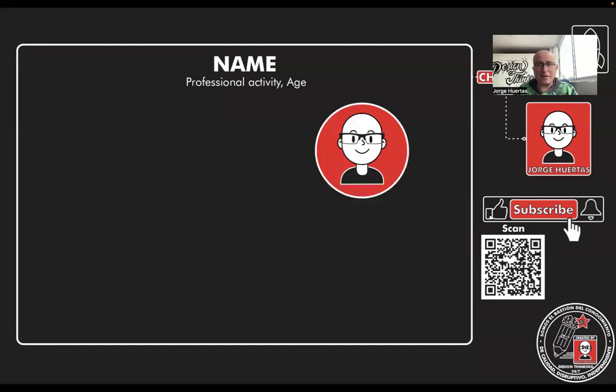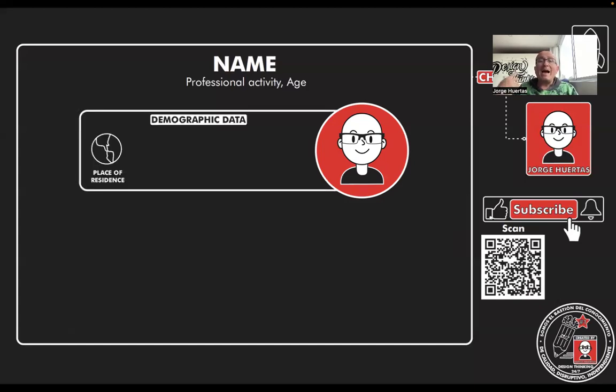So age 35. If I could have an artificial intelligence create a picture of that, it would be very nice. After that, we start putting in all the demographic data, which is very important.